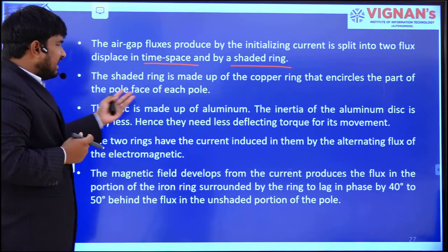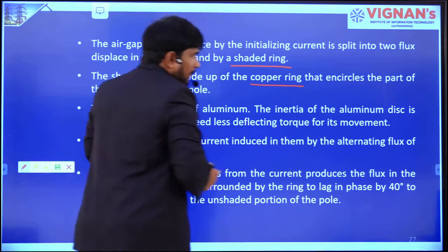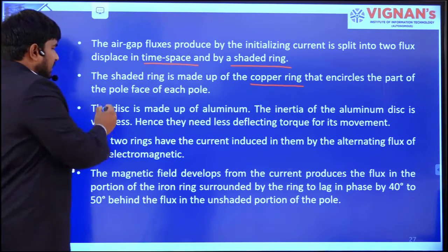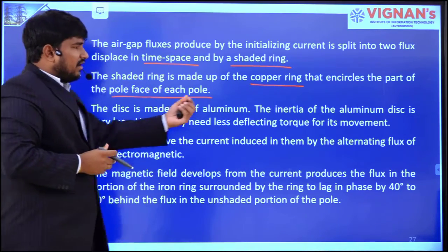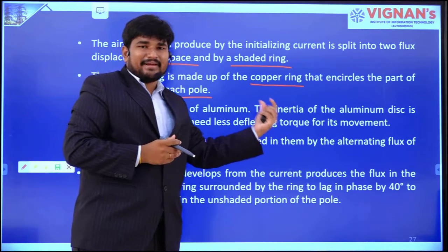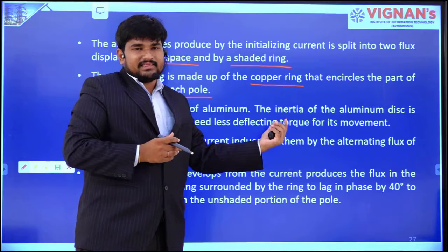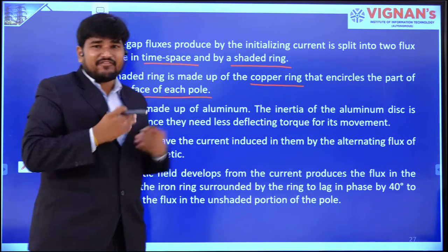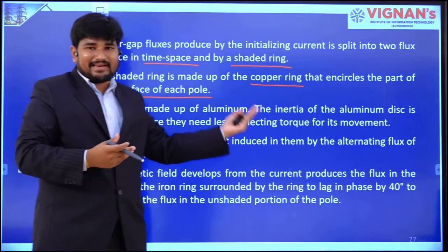The shaded ring is made up of a copper ring that encircles part of the pole face of each pole. Why are we using a copper ring, which is a non-magnetic and best conducting material? Because of this, the self-inductance will be reduced, as it is non-magnetic, right?